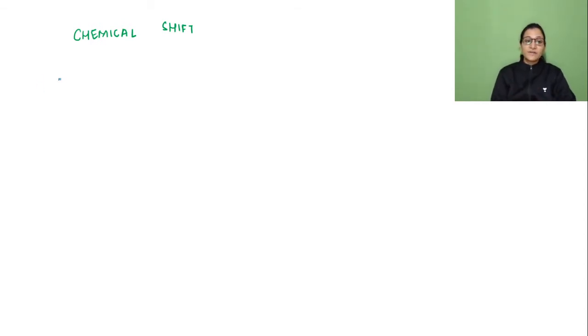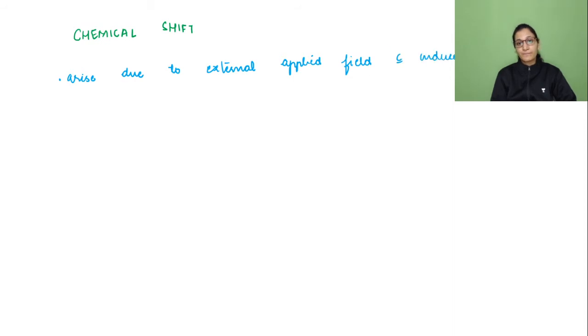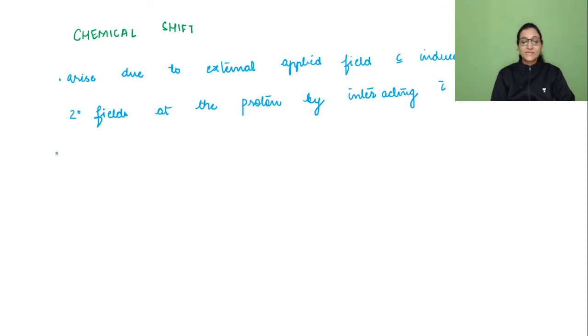So the chemical shift arises due to the external applied field, which induces secondary fields at the proton by interacting with adjacent bonding electrons.